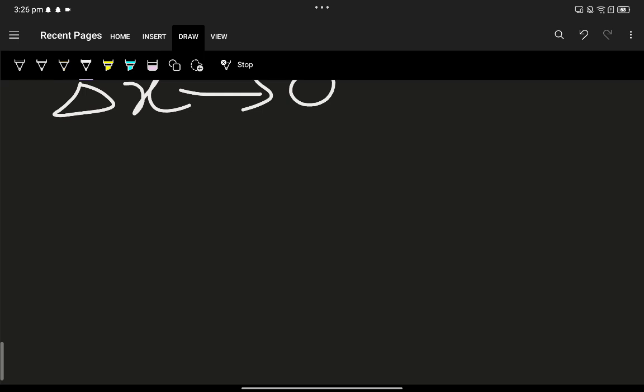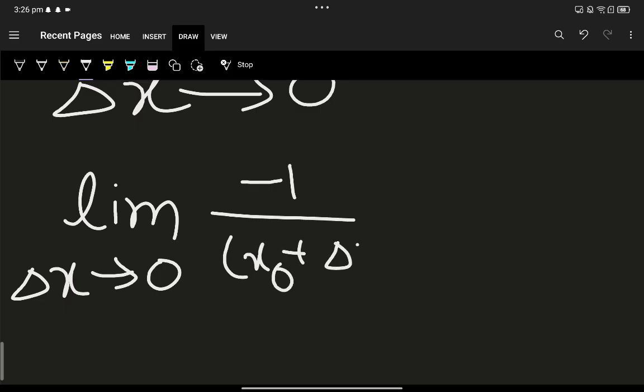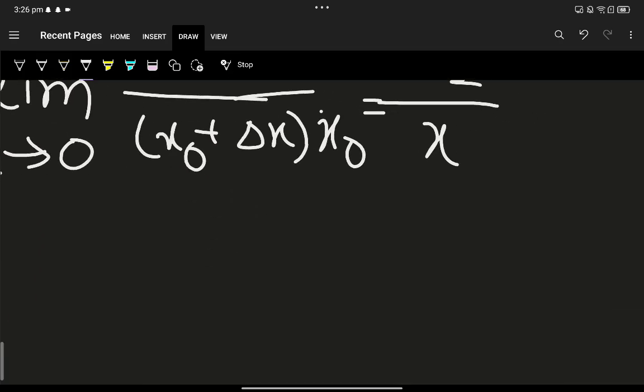And as delta x approaches 0, we can write limit as delta x approaches 0 of -1 upon x naught plus delta x naught will be -1 upon x naught square, because now we are putting this delta x as 0, right?